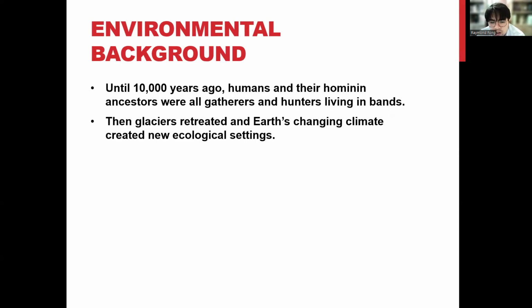And then glaciers retreated and the earth's changing climate created new ecological settings. So the logical theory, and we're going to talk about why that's not necessarily the case, is that the ice age ended, and because it ended, really big animals went extinct, such as woolly mammoth, saber-tooth tiger, stuff like that.